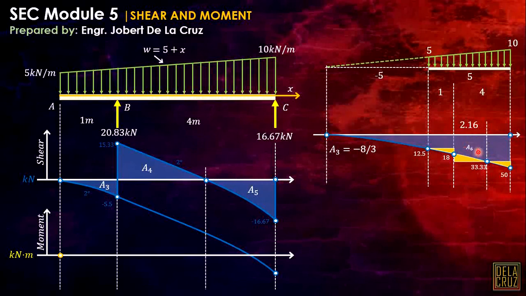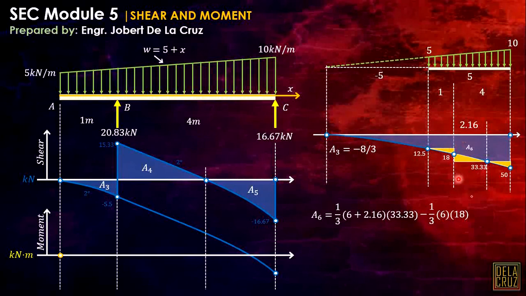So area 6 is equal to, considering this whole spandrel here, 1/3 of the total base from here up to that point, that will be 6 plus 2.16 times the height here, 33.33. Minus pa pala, area 6 yung kukunin natin, so i-minus pa natin yung spandrel na to: minus 1/3 of 6 times 18.